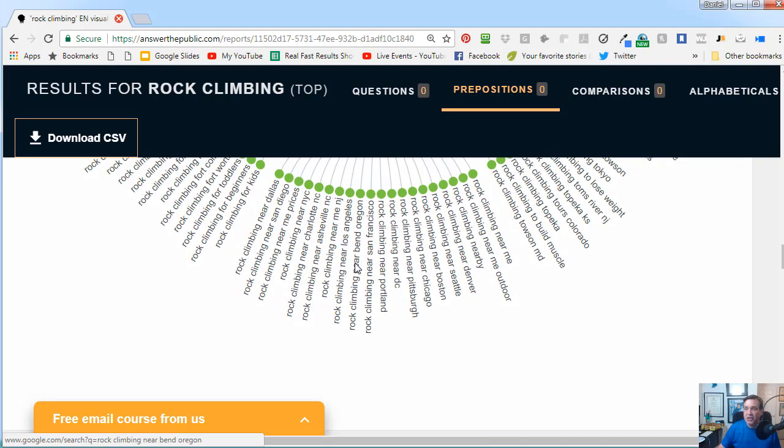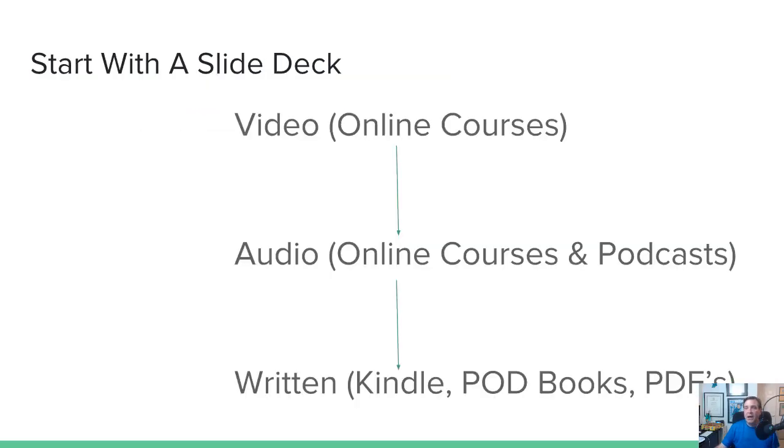So let's now go back here because I wanted to cover the next thing, which is once you've got your public domain and PLR content together, and you have looked at the stuff at answerthepublic.com. Then remember that this training is about transforming PLR and public domain content into your own content and doing it fast.